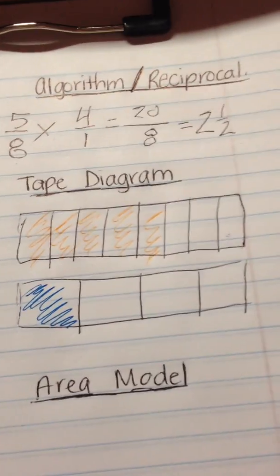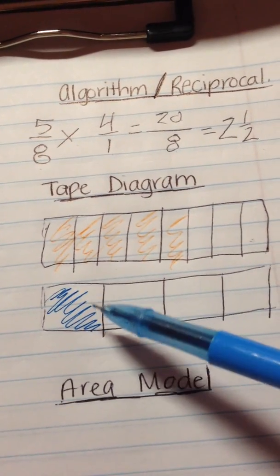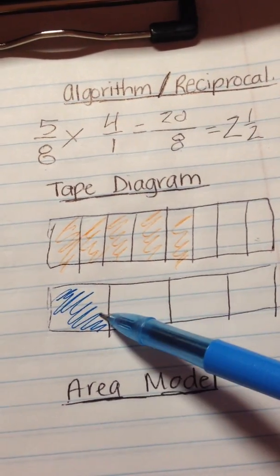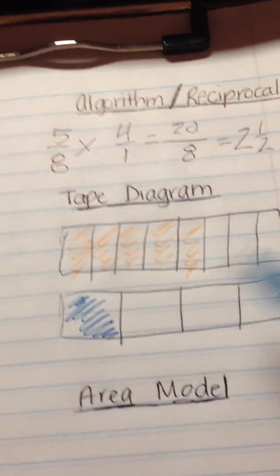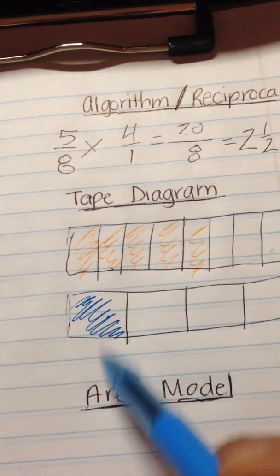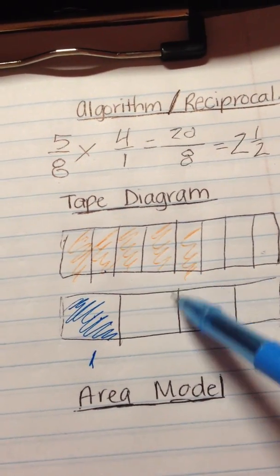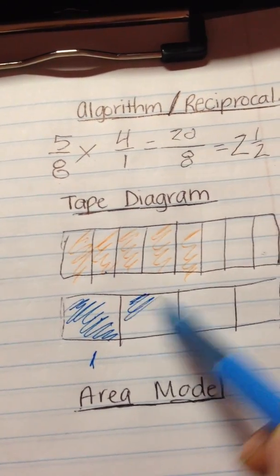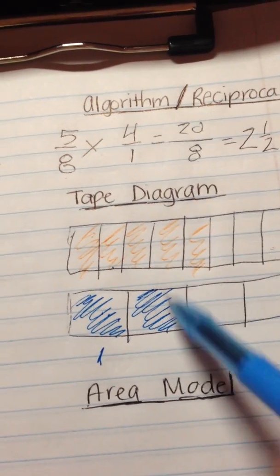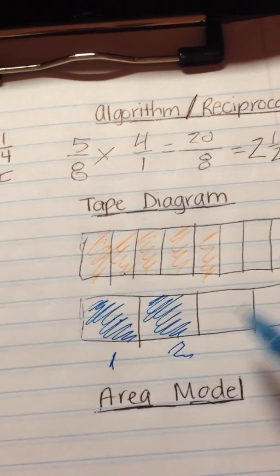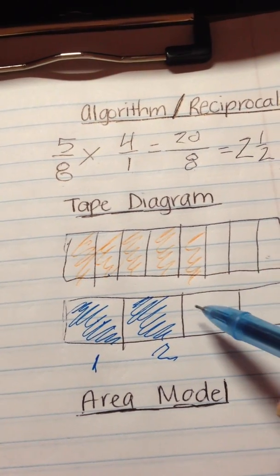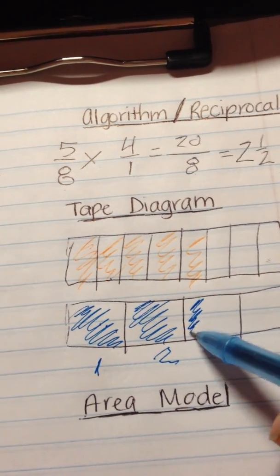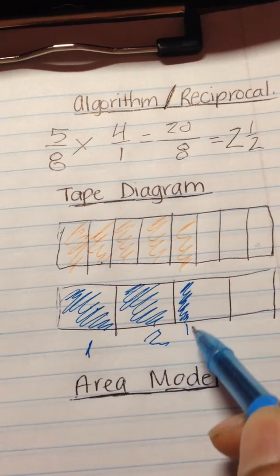So when you look at your model, that's saying how many times does 1/4 block go into 5/8 of the blocks? We see that it can go 1 time right here, but then we still have space to shade more, so let's shade in another one. So it goes in 2 times, and now there's only 1/2 that we need to shade in, so we can only shade in half of that box.